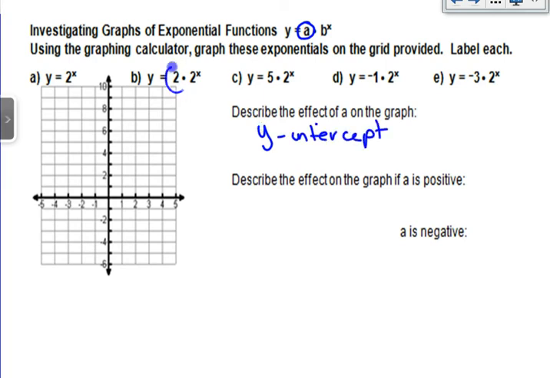So here when it was a 2, we had a y-intercept at 2. Here when it was a 5, we had a y-intercept at 5, and so on and so on. And if the a value was positive, this graph was up in the upper part of quadrants 1 and 2. So in this case, because it was a growth, it looked like this. But if the a value was negative, it reflected it over the x-axis and went down to the lower two quadrants.